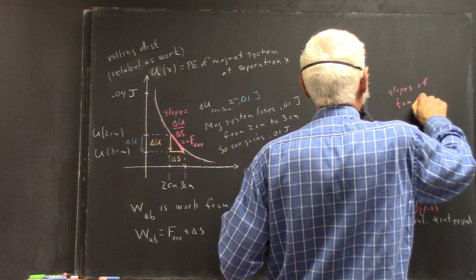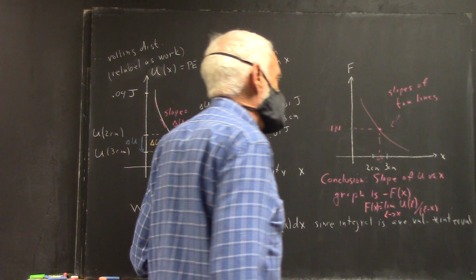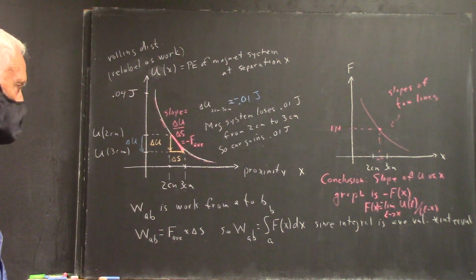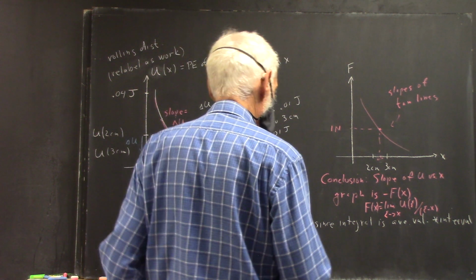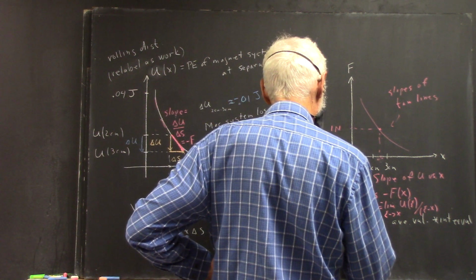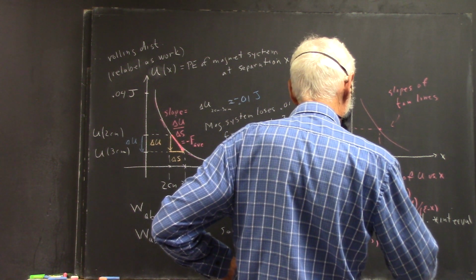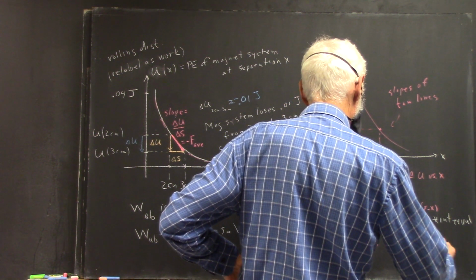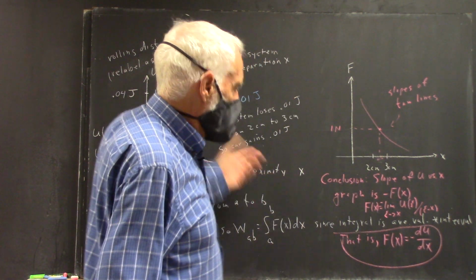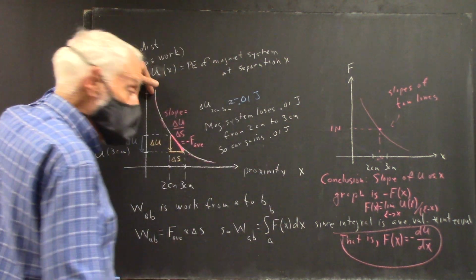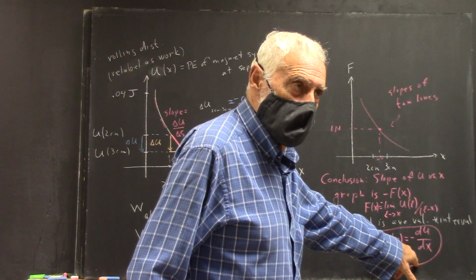I'll go into more detail, but that's pretty much it. The slopes of the tangent lines are the values of the derivatives of this function, so your force is the negative derivative of your potential function with respect to x.